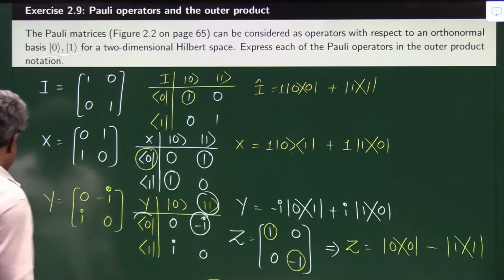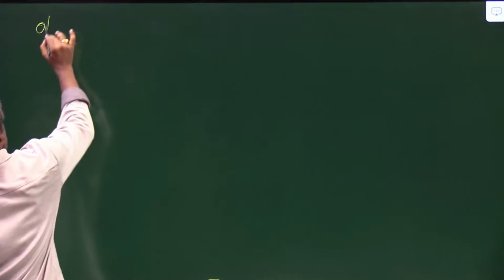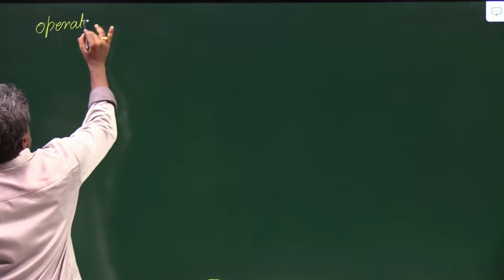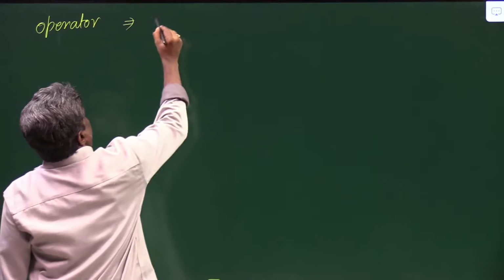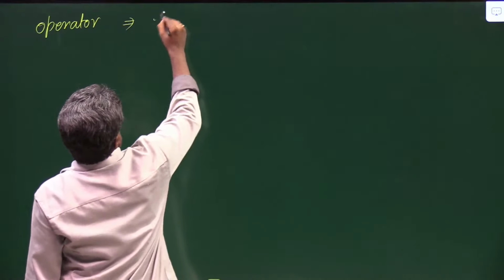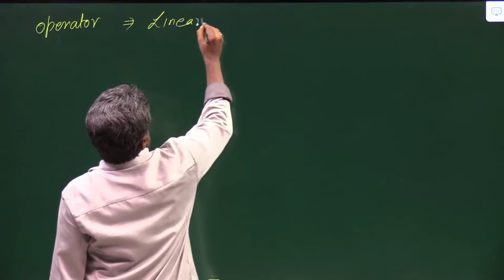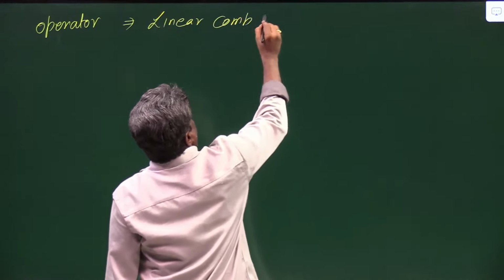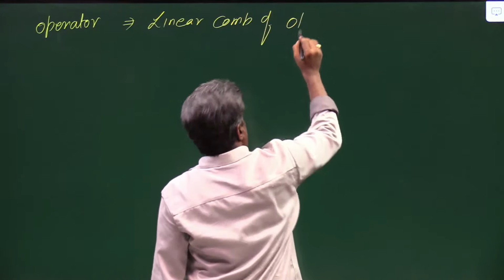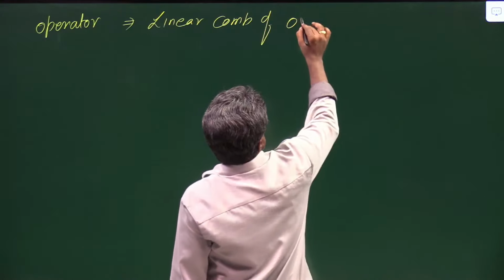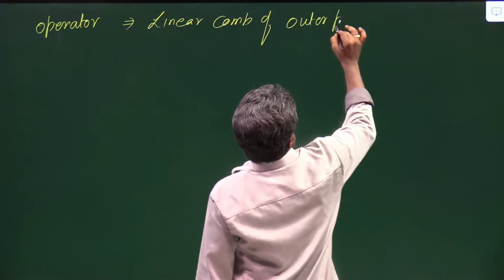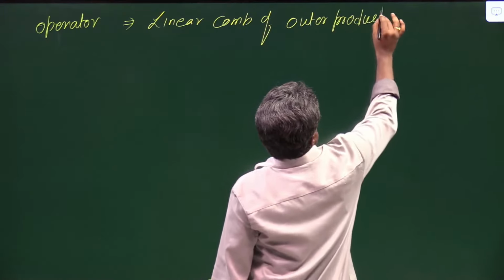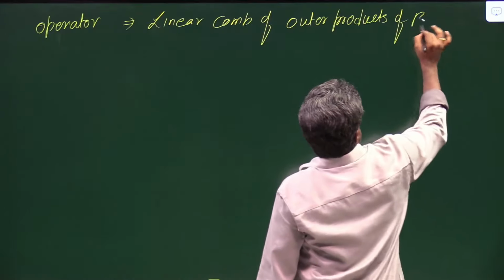Let us try another way also. Whenever you have some operator, any operator can be written in outer product form. That means a linear combination of outer products of basis states.